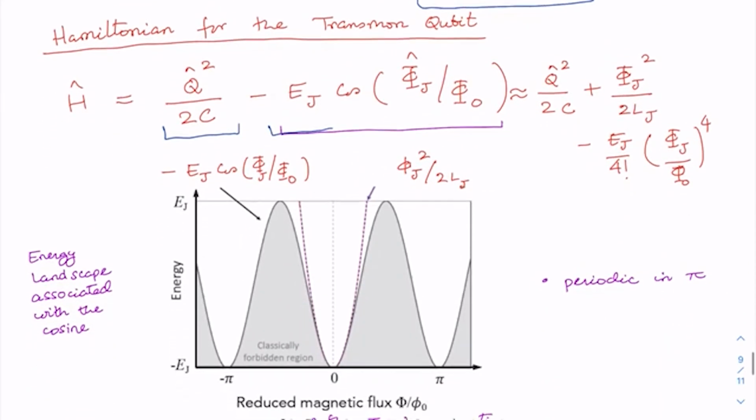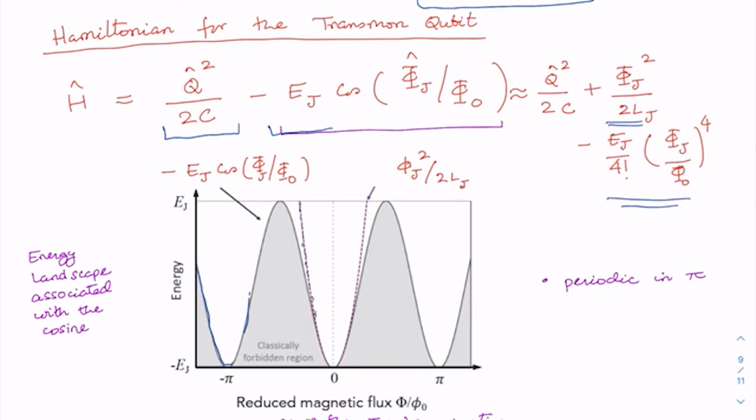And if we plot the potential energy part, this cosine function, as a function of the reduced magnetic flux, that is phi j by phi 0 across the Josephson junction, then we get this particular plot here. You see, this gray one refers to that cosine potential. And if we break it into linear and nonlinear parts, as you see, this is the linear part and this is the nonlinear part, and the linear part is drawn here.